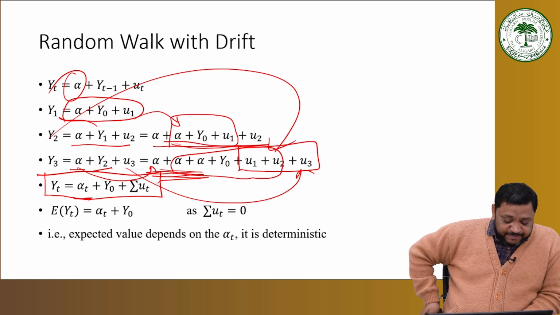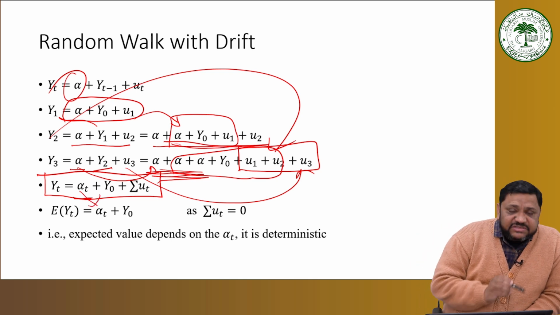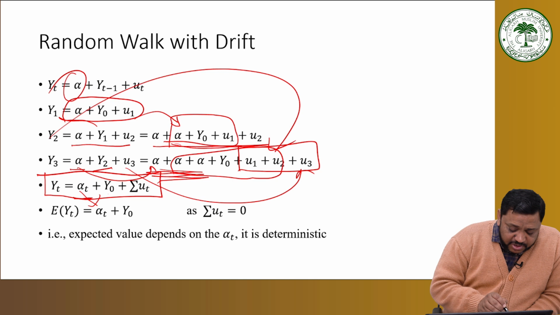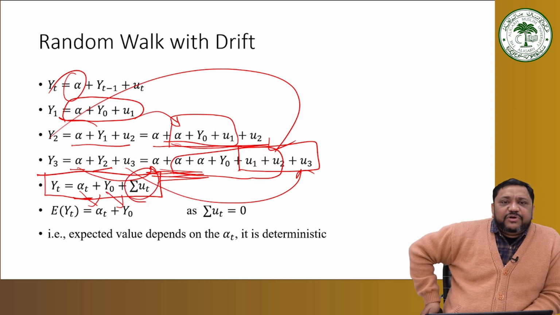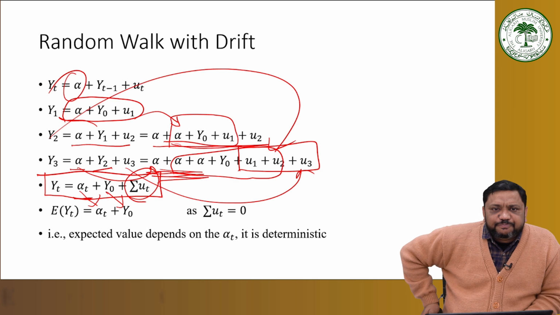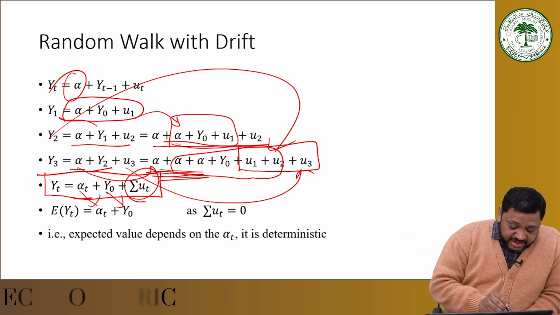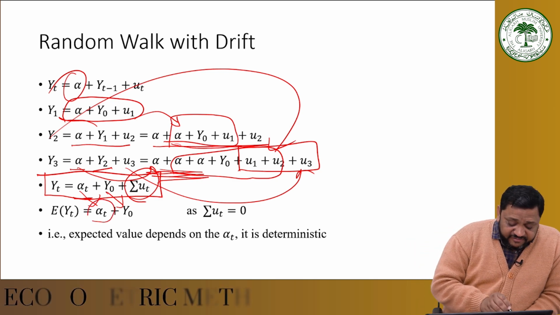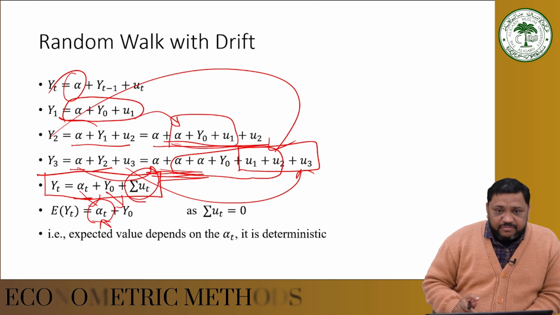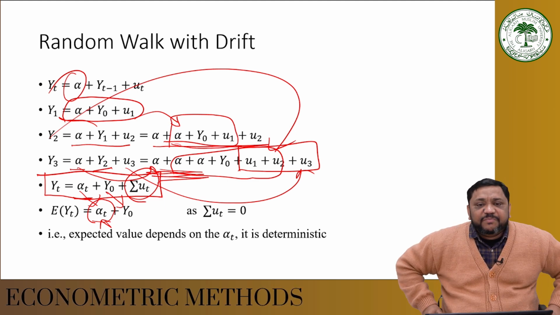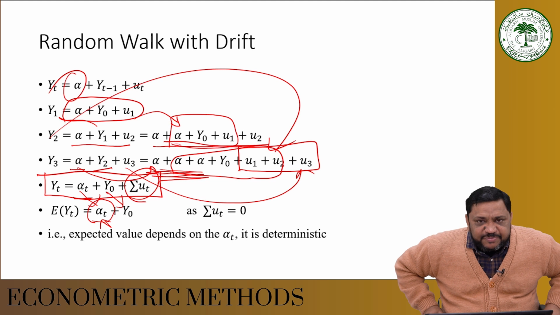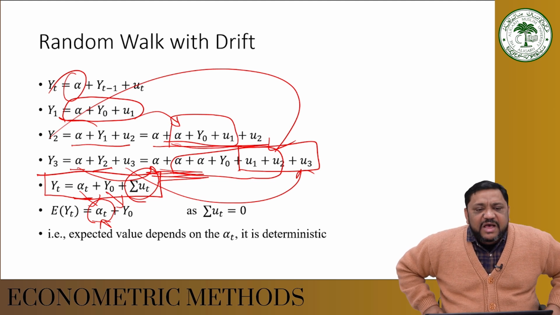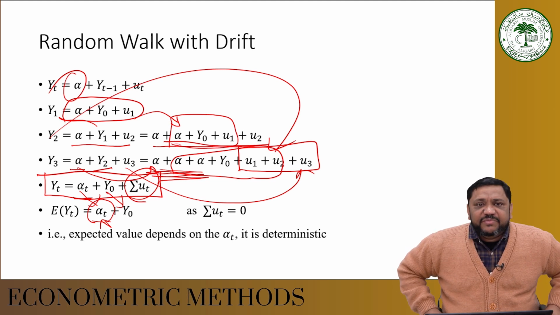If you take the expectation, alpha comes as it is because it's a constant term, y0 also comes as it is, and the expected value of ut is equal to 0. So what we find is that in the mean itself there is a time element, meaning thereby the expected value depends on alpha t and it is deterministic.